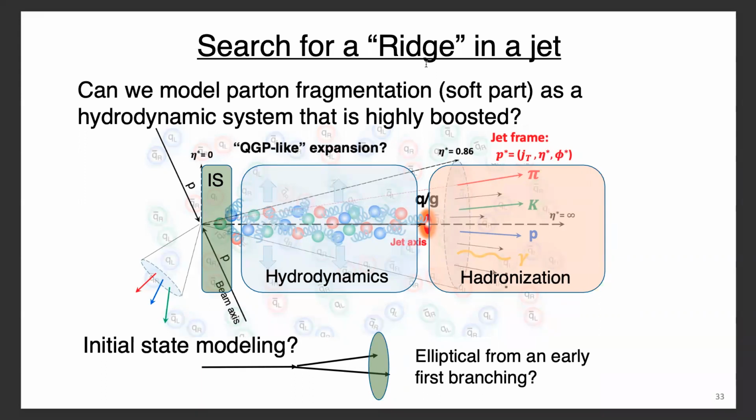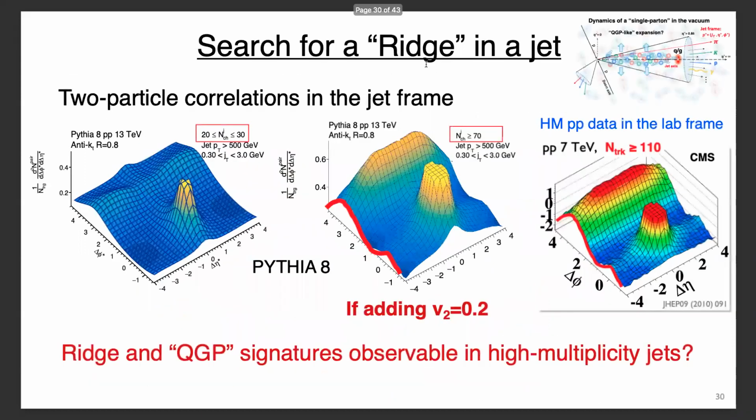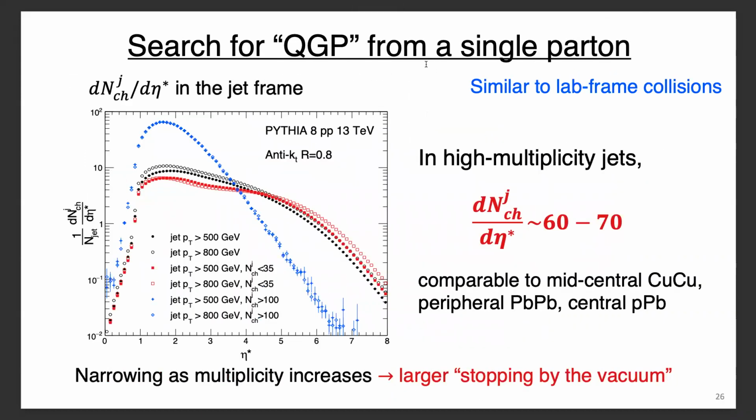Yes, the leading parton goes to eta close to infinity, and then you have mid-rapidity particles produced. If you look at my dN/d-eta, this is the rapidity distribution of the particles from the parton shower. You have ones at very high eta, and also ones closer to the perpendicular direction of the distribution.